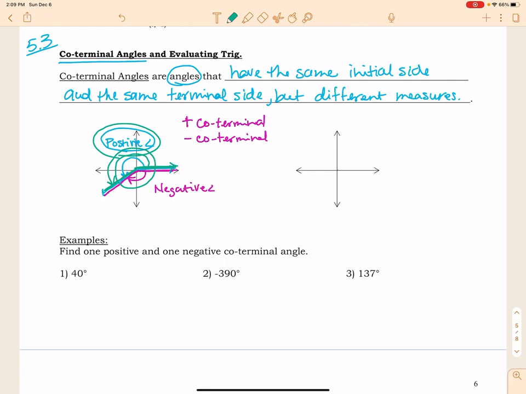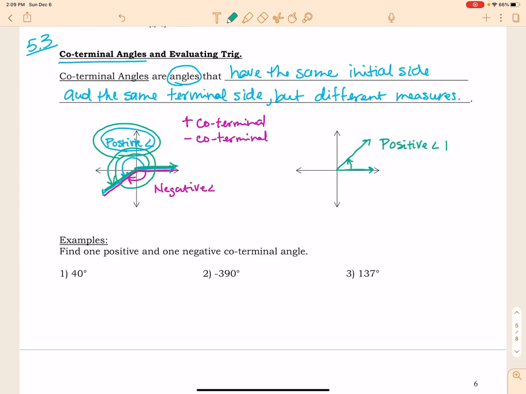Let's say I start with this angle right here. So here's a positive angle. So I'm going to call this my positive angle 1. All right, this is my positive angle 1.